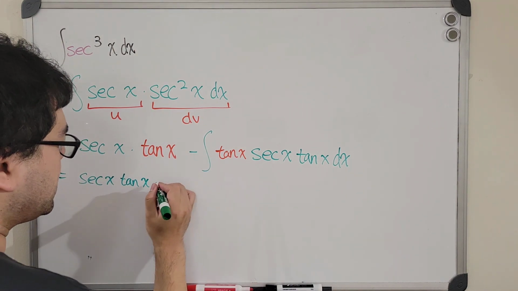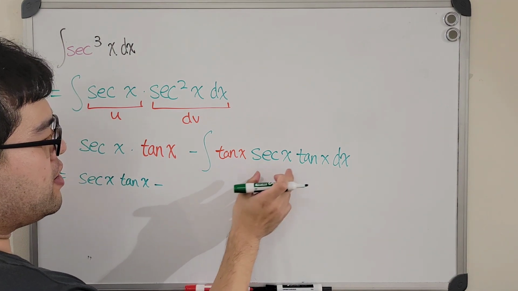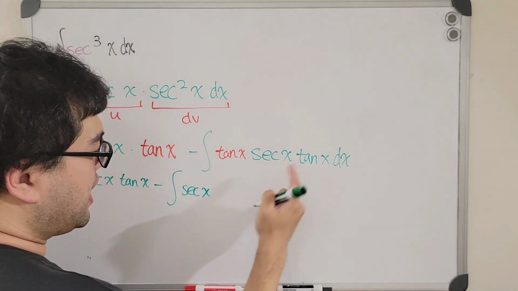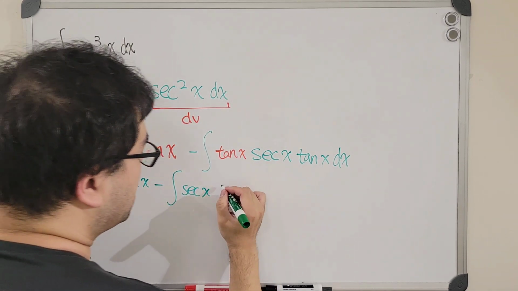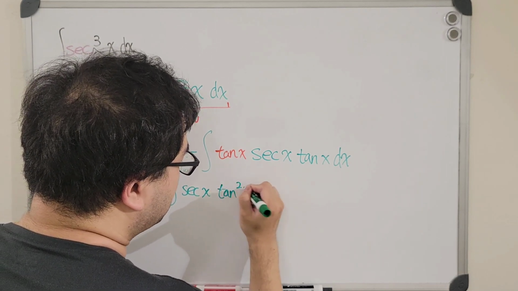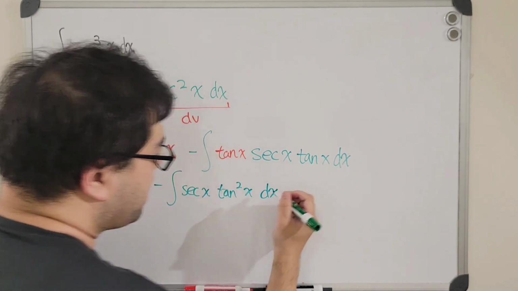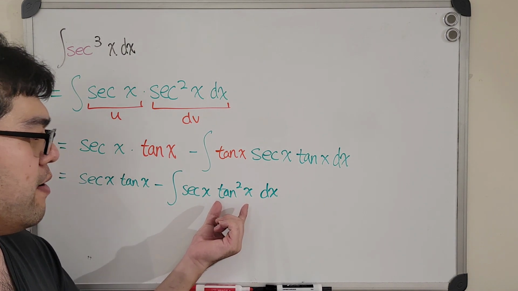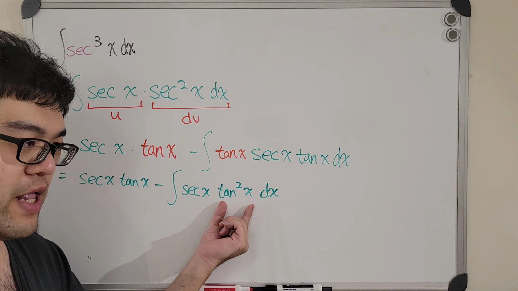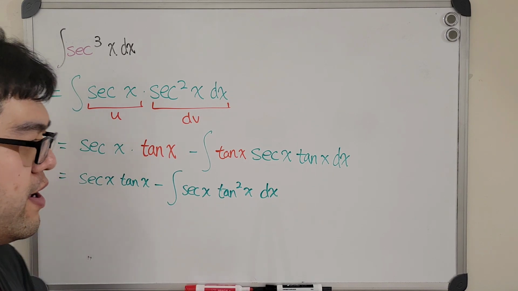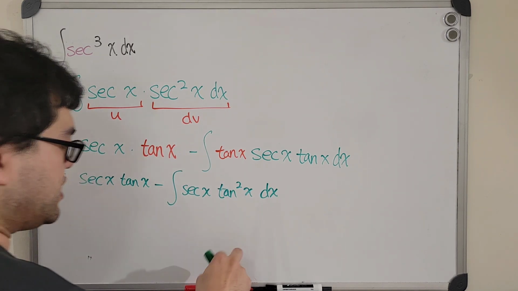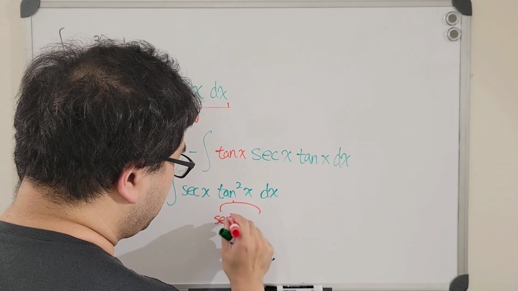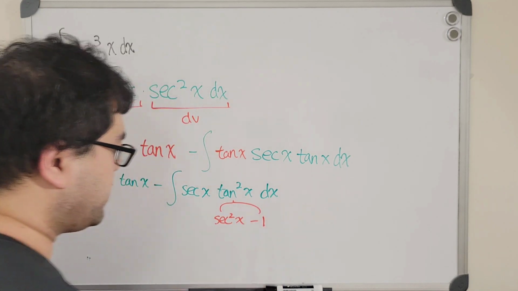Now for the second part, we have secant of x times tangent square of x, because we now have two copies. But now we can actually use the trig identity by replacing the tangent square in terms of secant square. And in fact, we get this to be secant square of x minus 1.